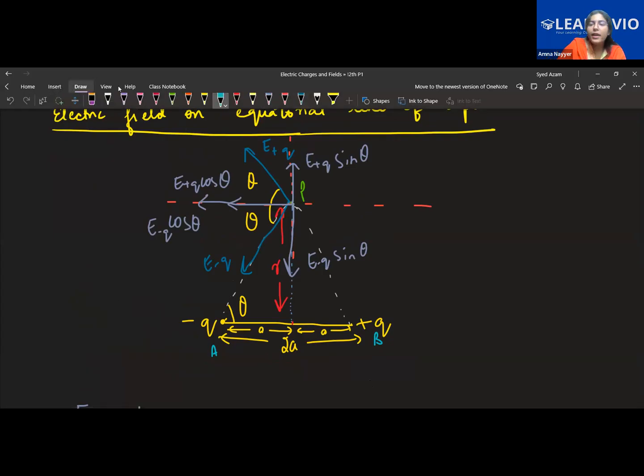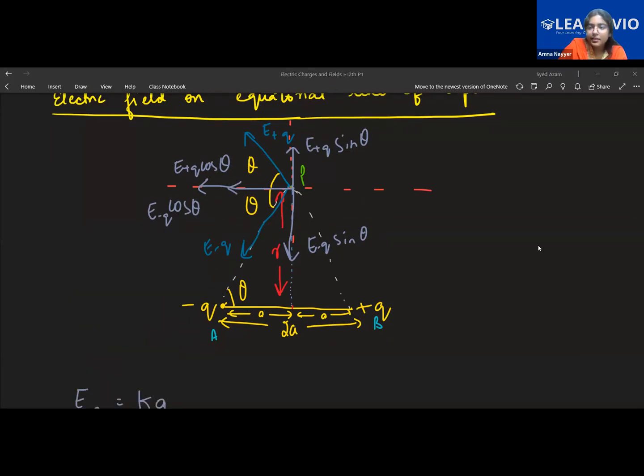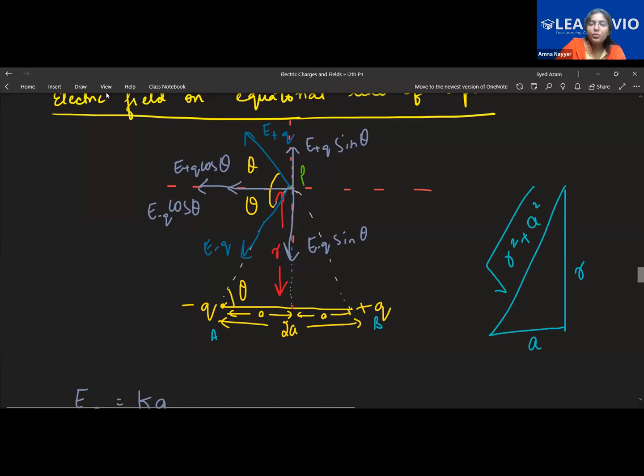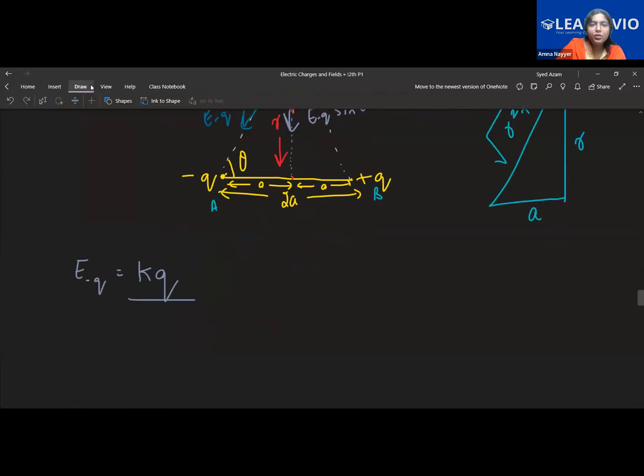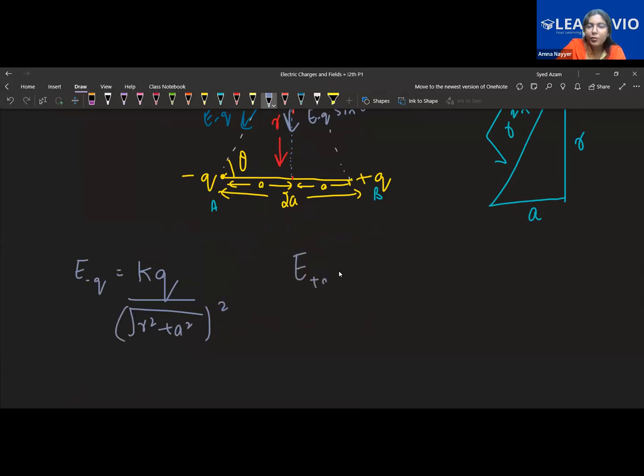Root of r square plus a square, right? This is the triangle. This is a, this is r. So the separation between the charges is root of r square plus a square. So once we write the electric field, this will be kQ by under root r square plus a square whole square.